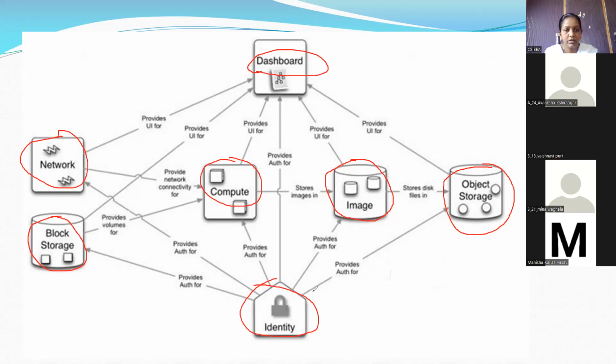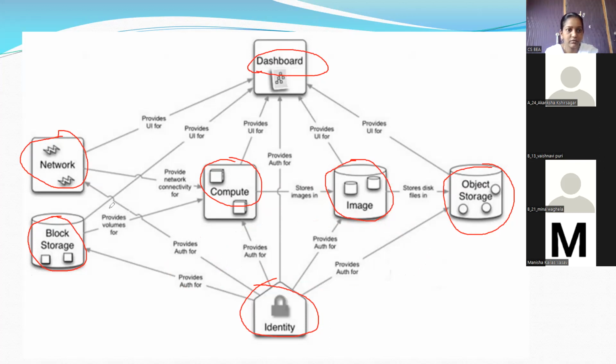So here with the identity, after getting authentication, all the other parts are getting authenticated. So after getting the authentication only, you will be getting the other accesses.